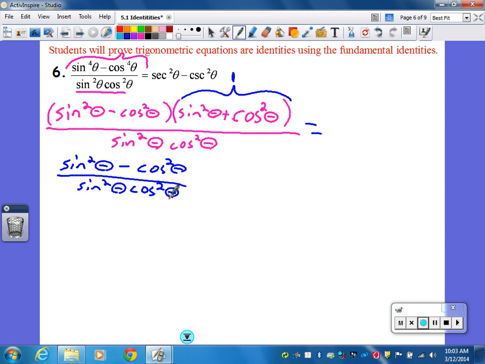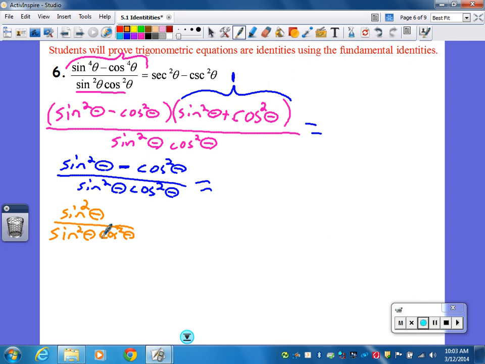Now, since I have a minus sign in my numerator, right here, I can separate those two terms. So now I'm going to have sine squared theta, feel orangey for this question, so I'm using orange here, over sine squared theta times cosine squared theta.